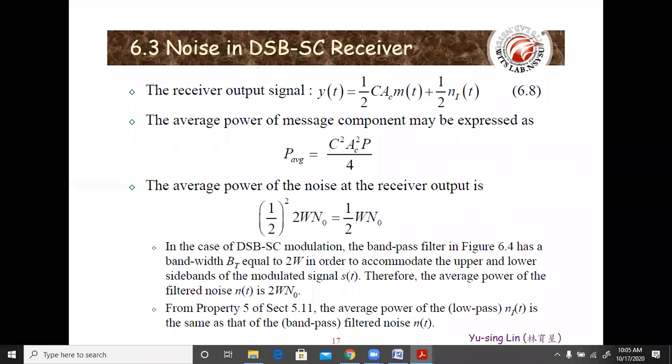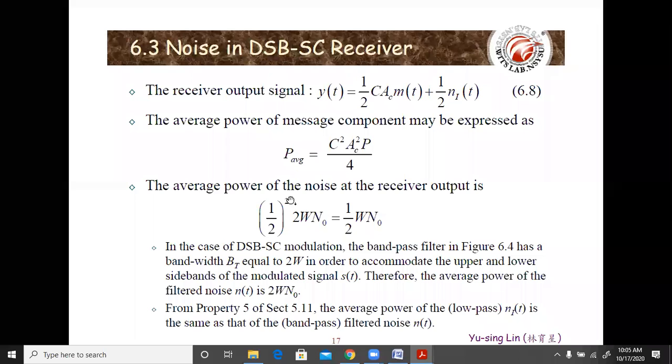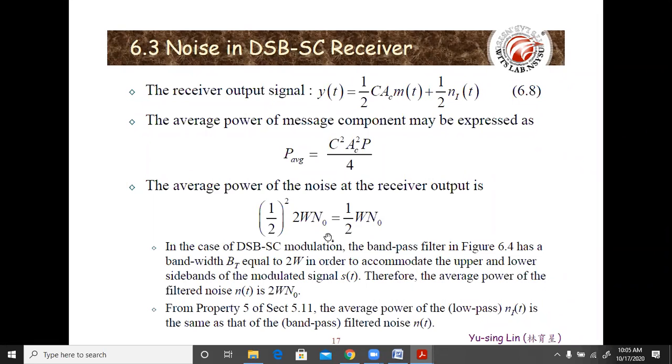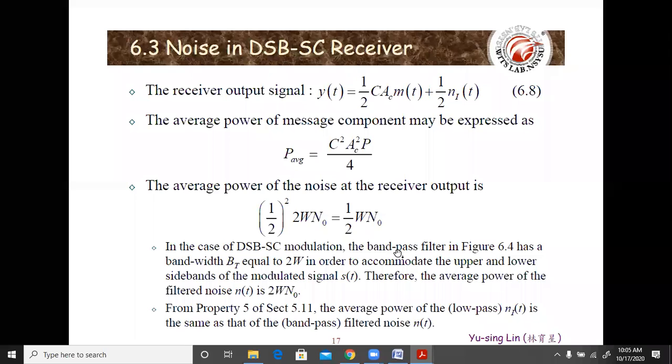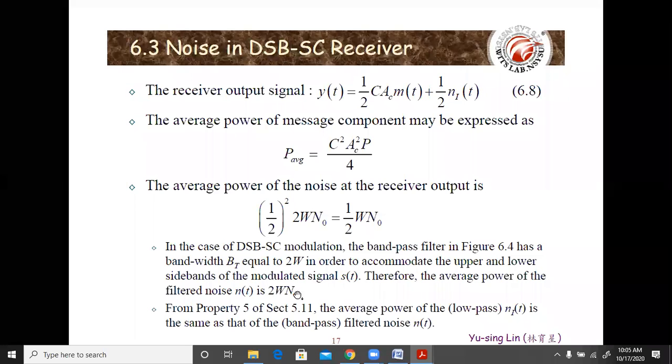The receiver output signal y(t) we have seen is equal to half of Ac m(t) plus half of nI(t). So the average power of the message component may be expressed as this. The average power of the noise at the receiver output is measured as (1/2) squared times 2W N0, which is equal to half of W N0. In case of DSB-SC modulation, the band pass filter in figure 6.4 has a bandwidth of BT equal to 2W in order to accommodate the upper and lower sidebands of the modulated signal s(t).